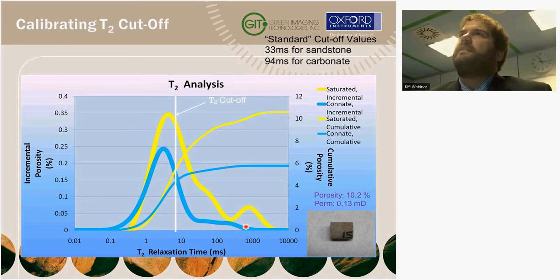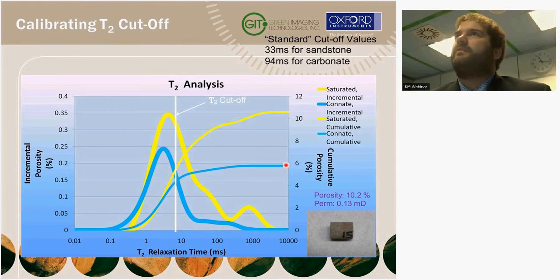So if we remove fluid and then do another NMR measurement, by definition what we're measuring is just the bound fluid. So the bound fluid is simply given by the area underneath this curve, or relative distribution. So the cumulative, I should have said earlier, is just the summation of this dark line point.